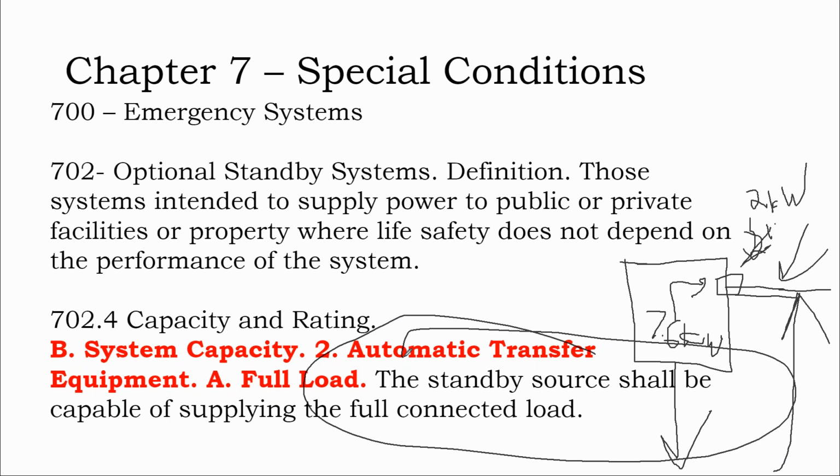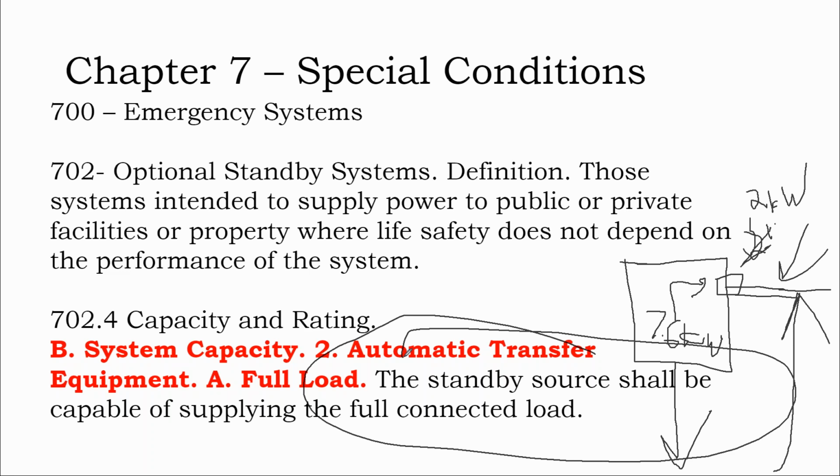You can't have a critical load panel and turn it on during an emergency and it not work because it's overloaded. And so having your whole house on a backup system would require delivering enough power to supply your whole house. And that would mean you'd need a much larger and much more expensive system.